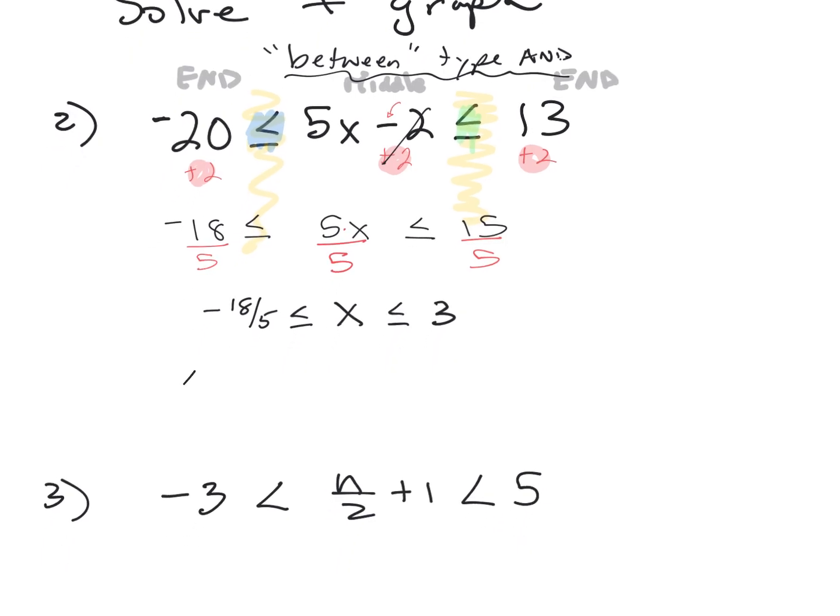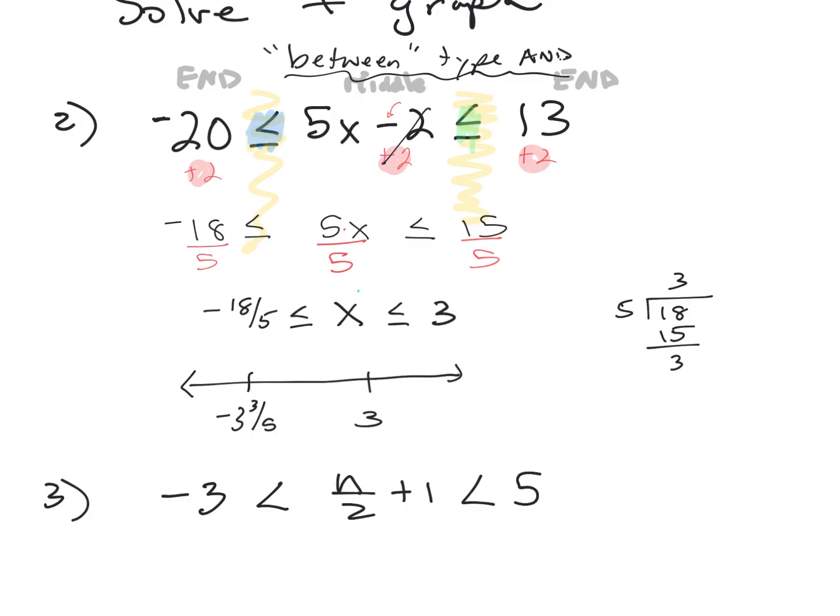So our final answer is going to be, let's see, 5 goes into 18, 3 times 5 is 15. So that would be -3 3/5 and 3. And it's all the numbers that are in between, right? That's what this means.